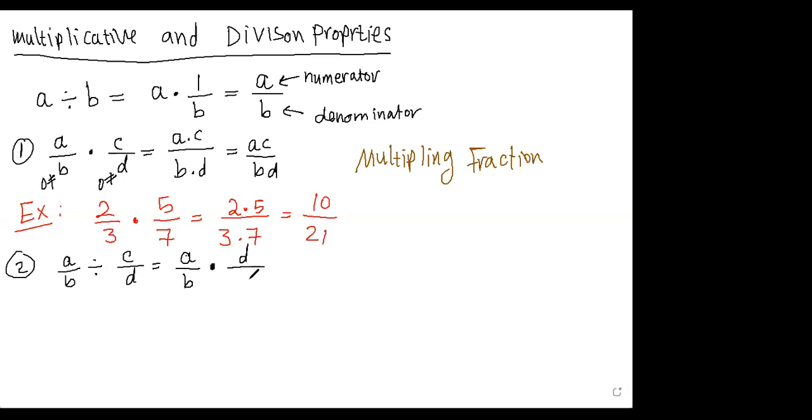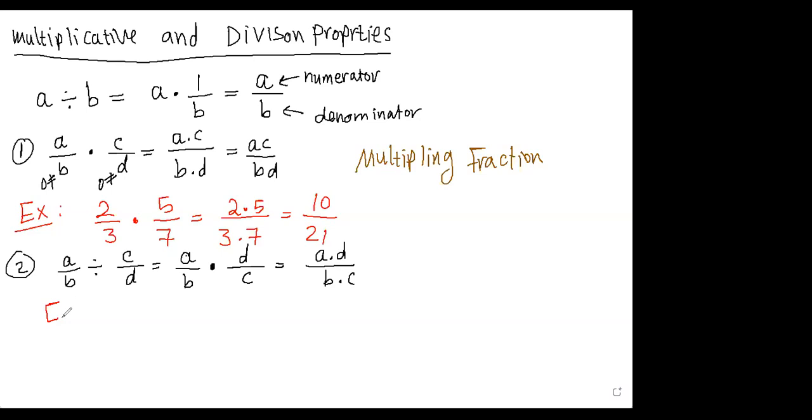So the flip is D over C. The answer is we again multiply both numerators and both denominators: A times D over B times C. Okay?